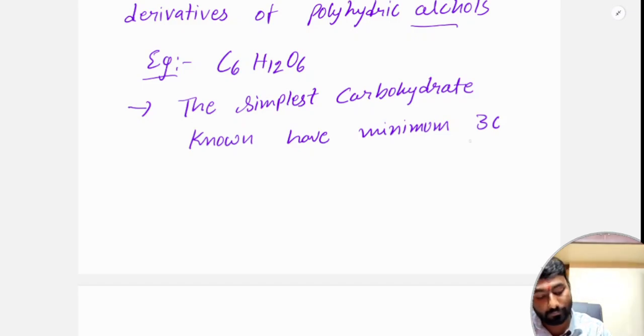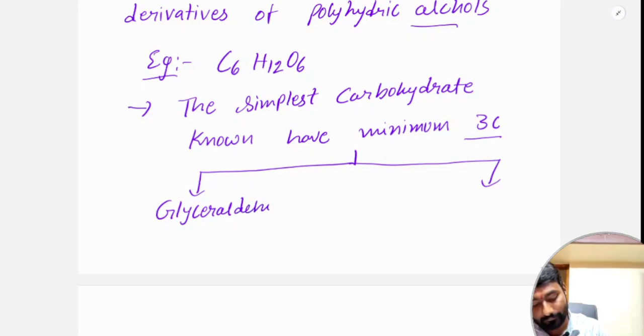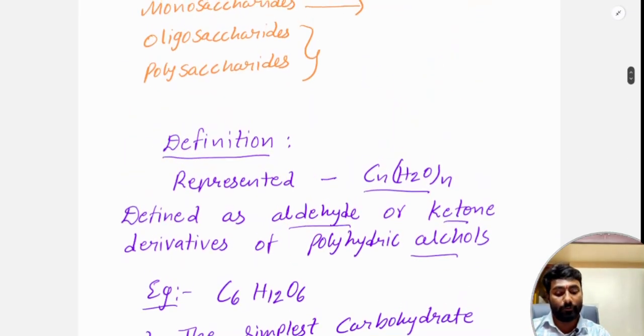Okay. So in aldehydes, what is the aldehyde which has 3 carbons? Yes, it is glyceraldehyde. In the ketone group, students, yes, it is dihydroxyacetone. So this is about your definition.